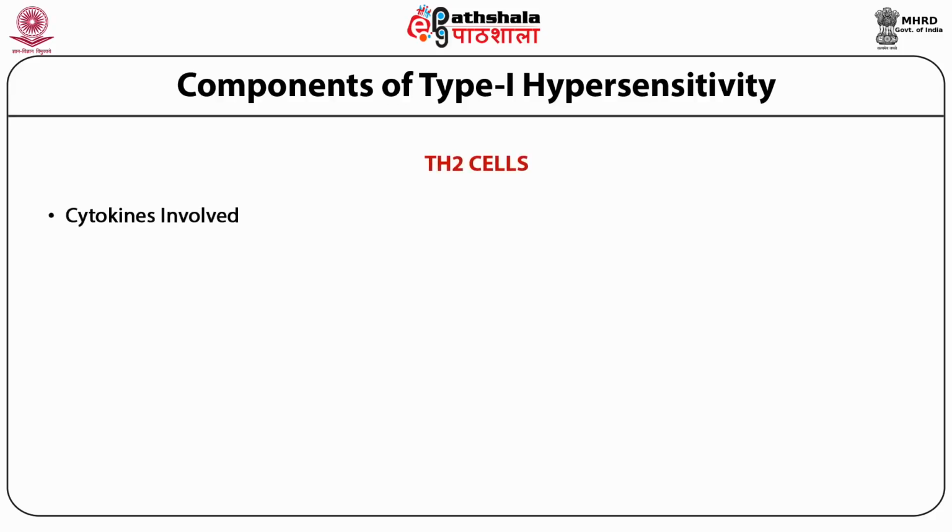These two subsets differ in the profile of cytokines they secrete. Th2 cells secrete GM-CSF, interleukins 3, 4, 5, 10, and 13. The primary functions of Th2 cells include IgE production, eosinophil and mast cell activation and differentiation, and help to B cells.